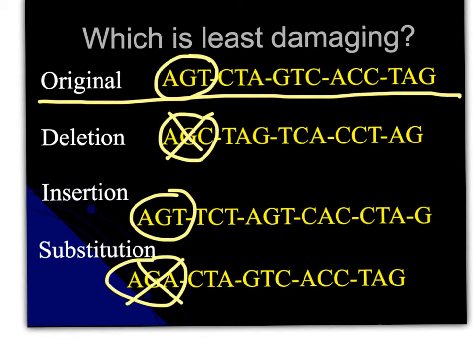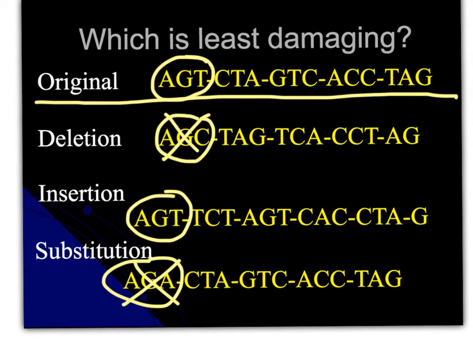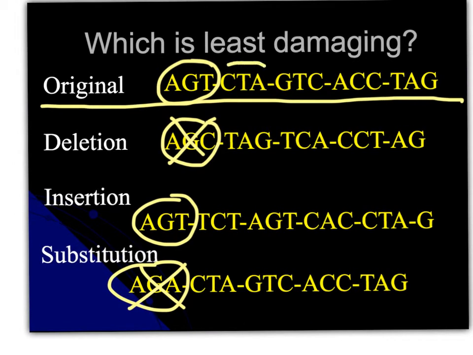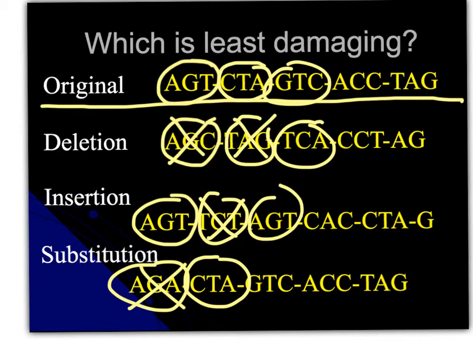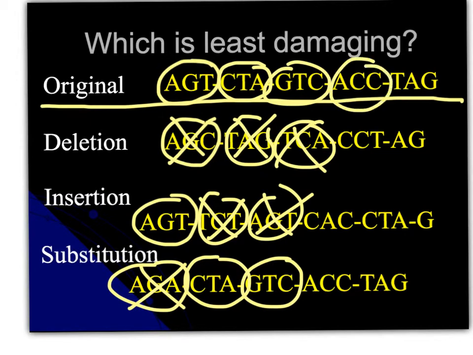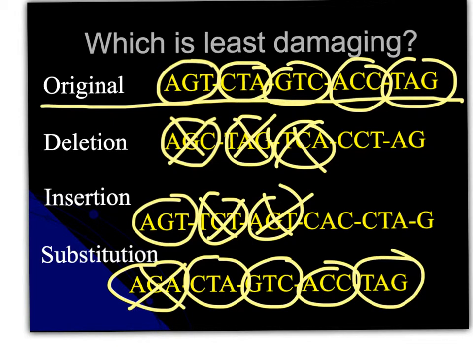So here you've got the next one, which is CTA. So let me circle that. And this one, no, that's not CTA. That one's wrong. And this one on substitution is right. Now GTC, wrong. GTC is fine. ACC, ACC. TAG, TAG, those are right.